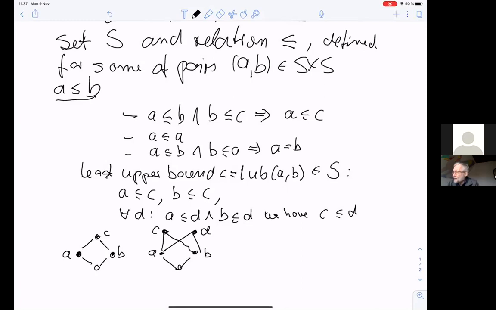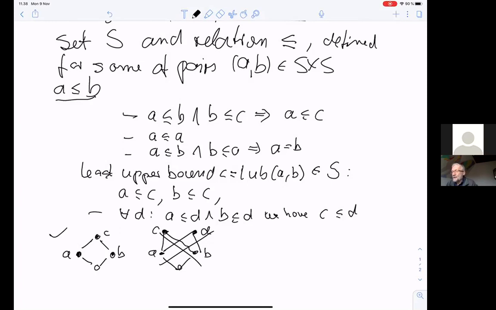I don't satisfy the definition for this particular set S and this relation, because C is a candidate for an upper bound for A and B, but so is D. And the definition says that if I find such a D, it must be above C, because C is supposed to be the least upper bound, and this is simply not the case here. So this one doesn't work, but this one over here is fine.